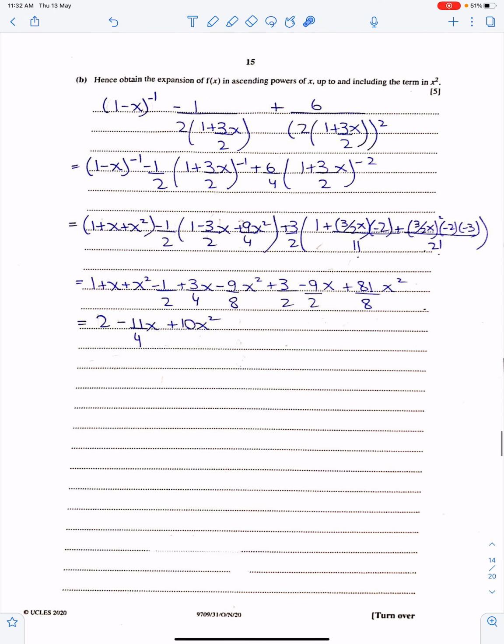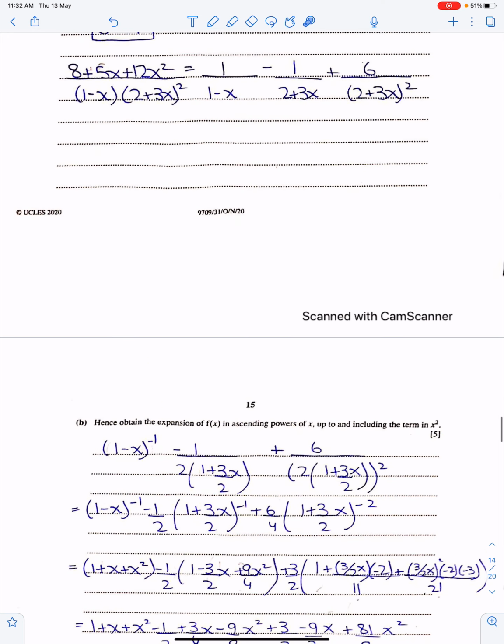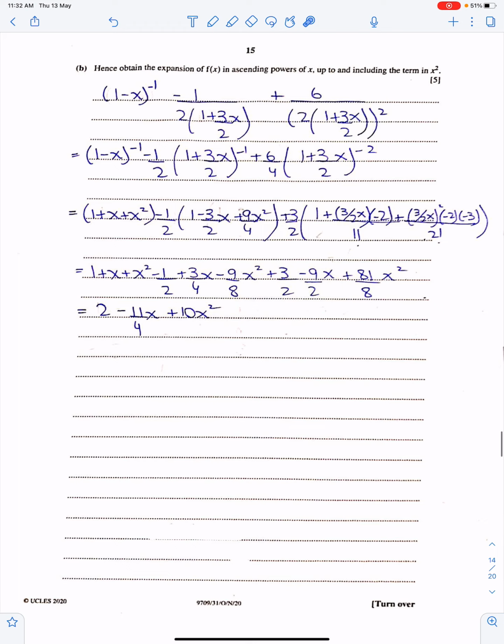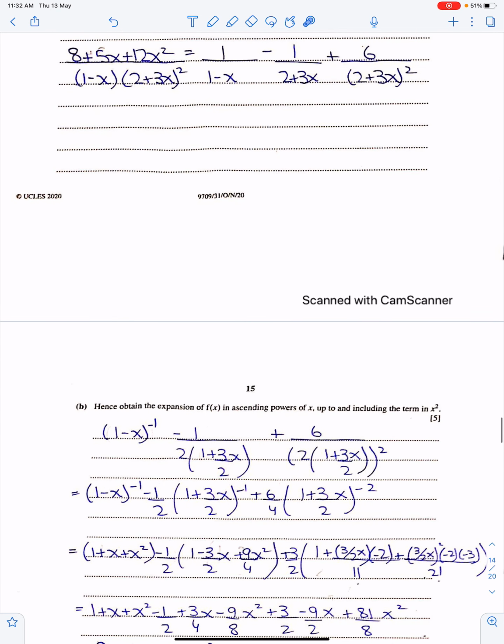This is the binomial part of the partial fraction. Hence, obtain the expansion of f of x in ascending powers of x up to and including the term in x square. You must be very careful while using binomial theorem on this partial fraction. See, this expansion is perfectly fine because the first term is 1. But here the first term is not 1.